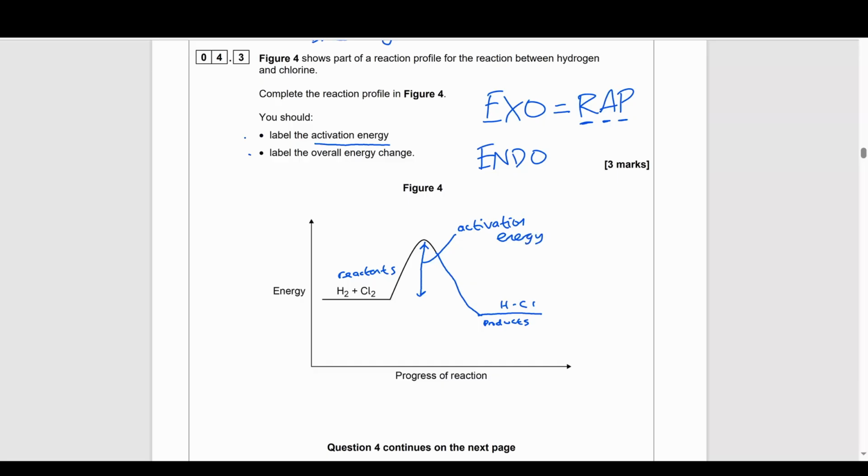And then lastly, what's our energy change going to be? The overall energy change. Well, it's got to be the difference between the reactants and the products. So then we've got to do another vertical line, and this vertical line has got to be connecting our reactants and our products. And this will be the overall energy change.